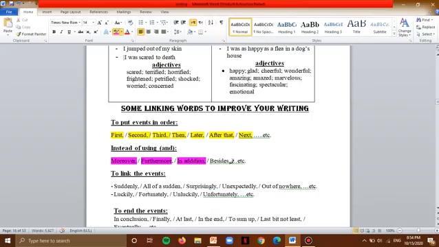Besides, okay, so I can use those words instead of using a lot of and. Now, these words are very, very important. We use them to link events between one another, to make my writing more interesting, to make the events sound to the reader a lot more interesting.